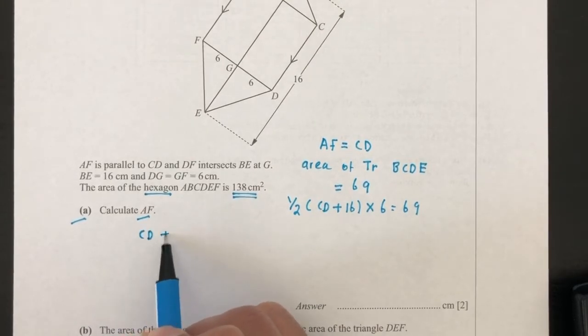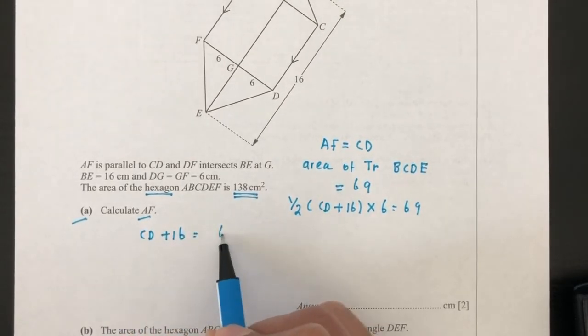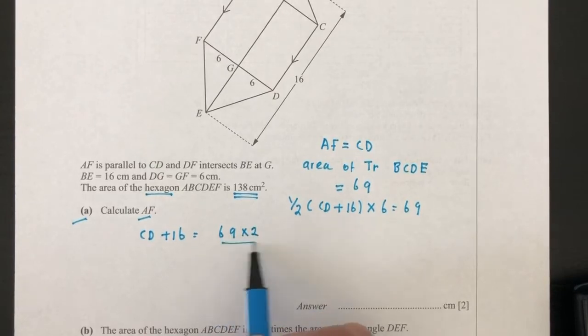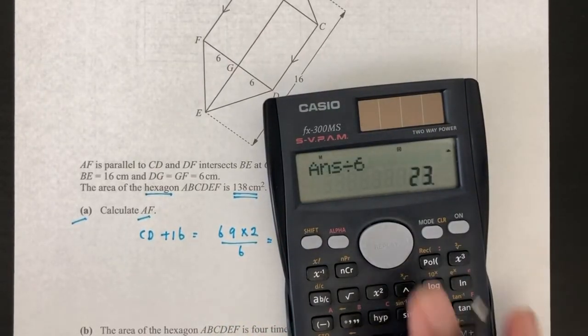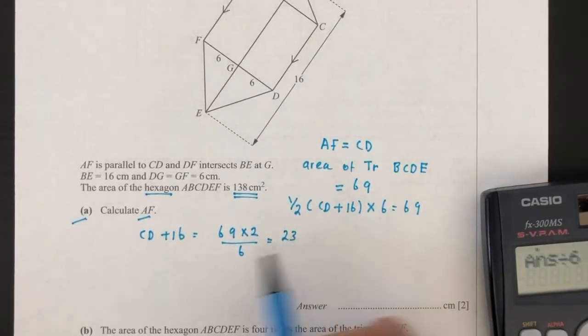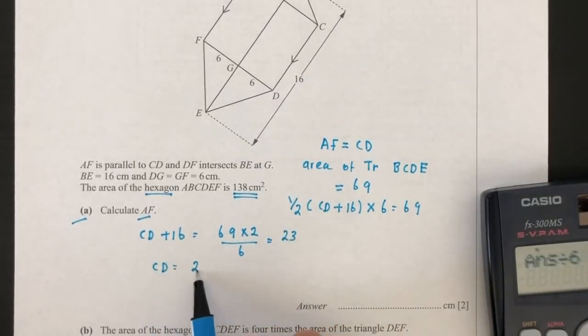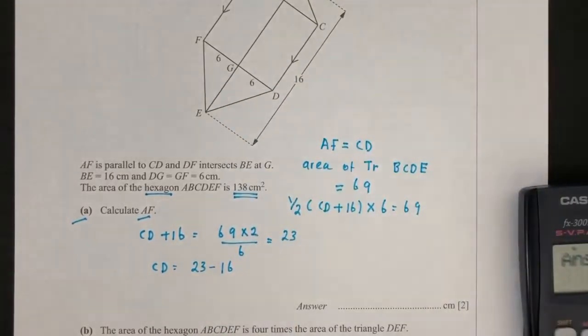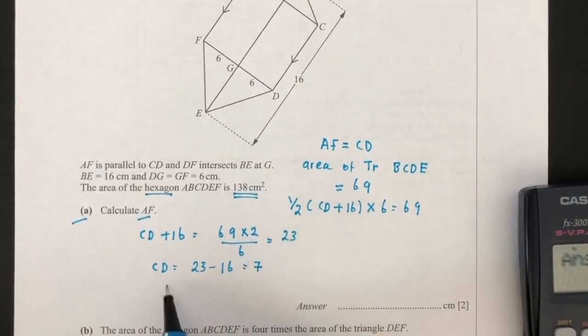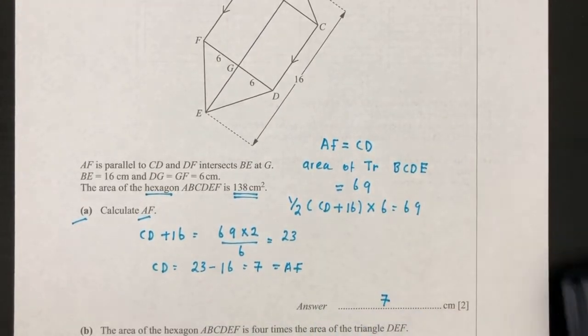CD plus 16 is equal to 69 times 2 divided by 6, which is 23. So CD will be 23 minus 16. That will be 7. So CD is equal to AF, which is 7 centimeters.